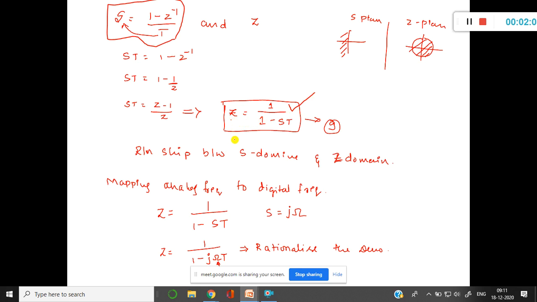Wherever Z appears in my equation H of Z, I replace Z by 1 divided by 1 minus ST. So again the T remains the same here, it is a sampling frequency or cutoff frequency, right?